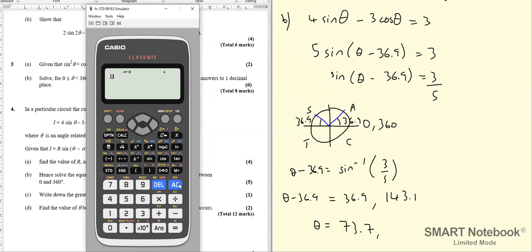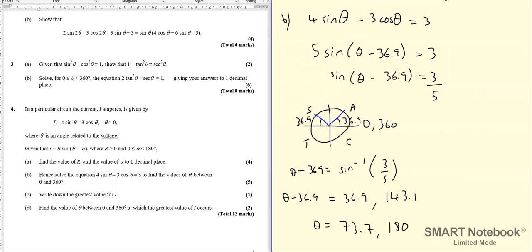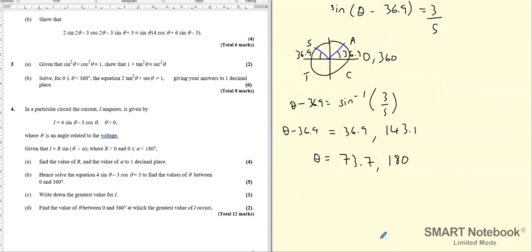And the second solution has 180 minus alpha A plus alpha A, essentially cancelling it out, and we get 180 degrees. Or if we add 36.9 to 143.1, we're going to get 180. Either way, that is the right answer. So that's part B done now.